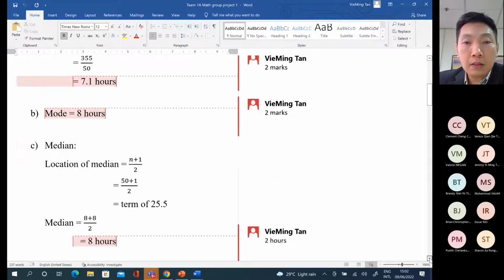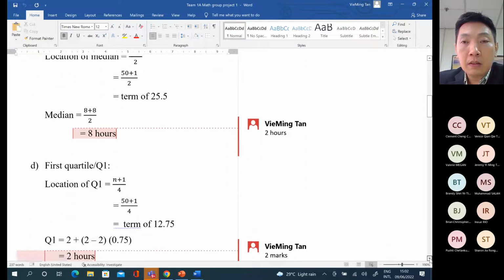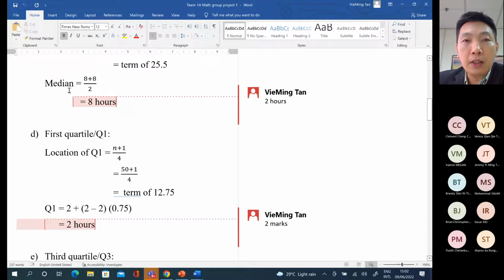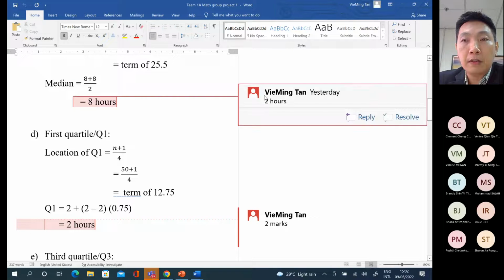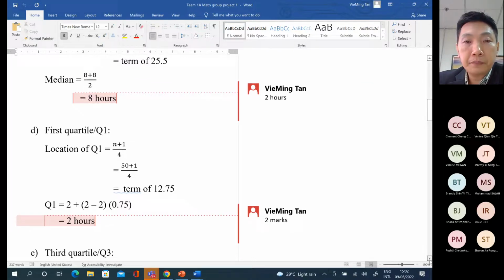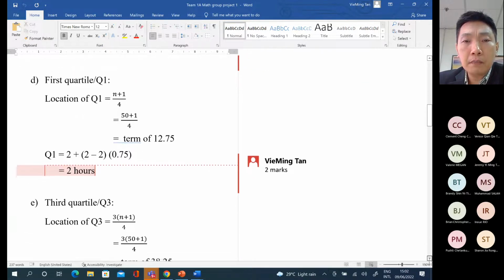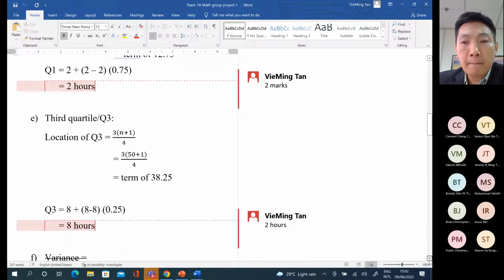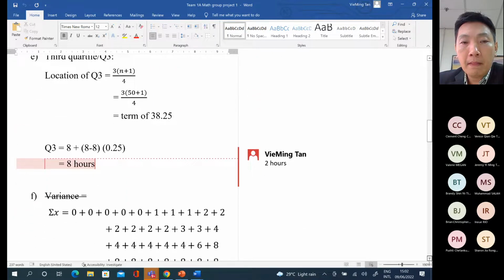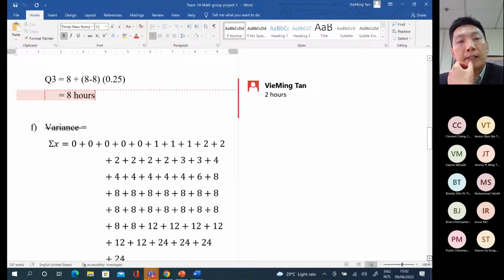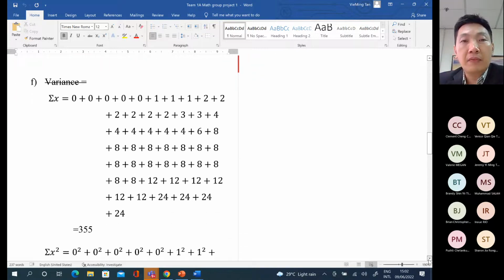Median: you did show the working and the answer with the appropriate unit. 2 marks. Q1 is also the same. Q3. Then the next measurement is variance.